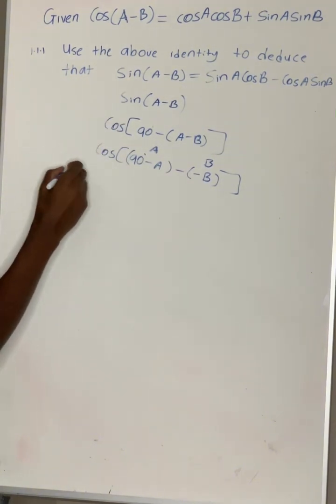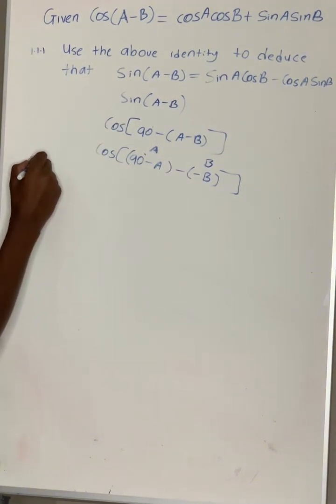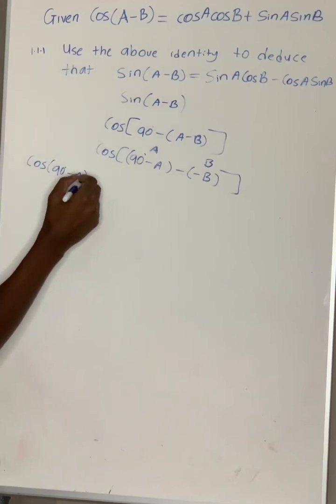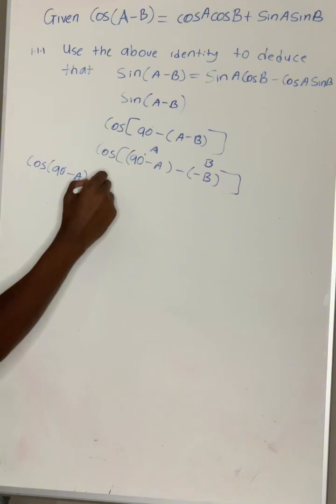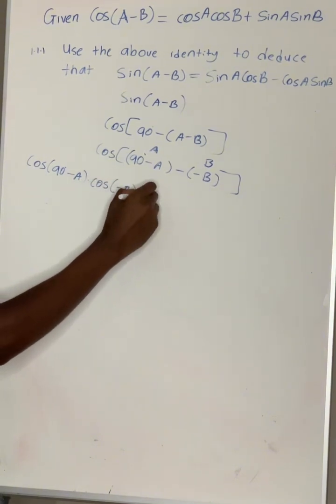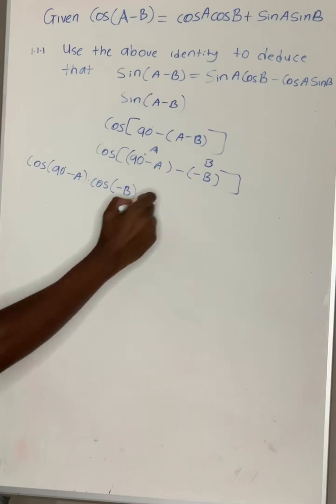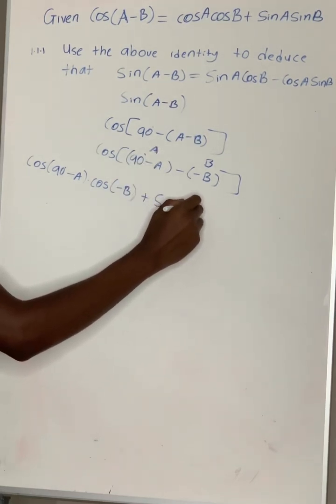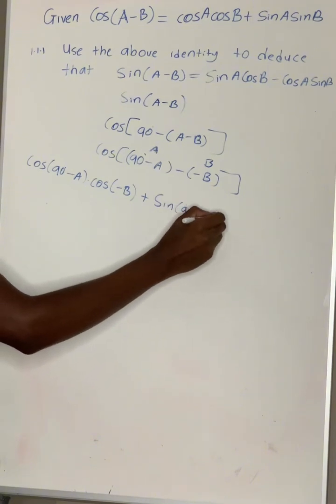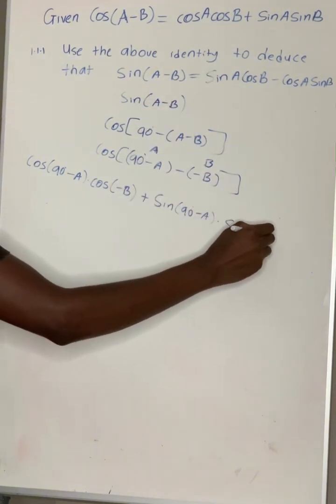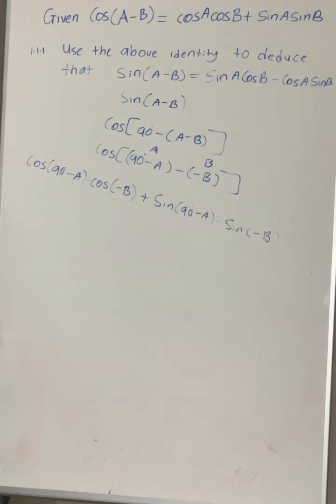Okay? So let's now expand this to look like that, but using these angles over here. So we have cos A, our A in this case is cos of 90 minus A multiplied by cos B, our B in this case is negative B, plus, okay, sine A, our A in this case is 90 minus A multiplied by our sine B, in this case it is negative B. Now from here we're going to use our Cartesian plane.